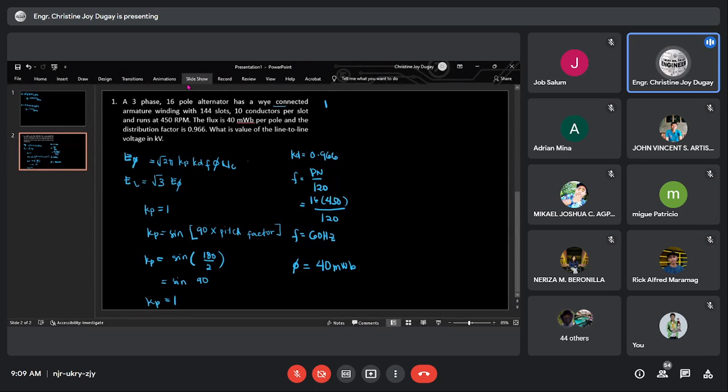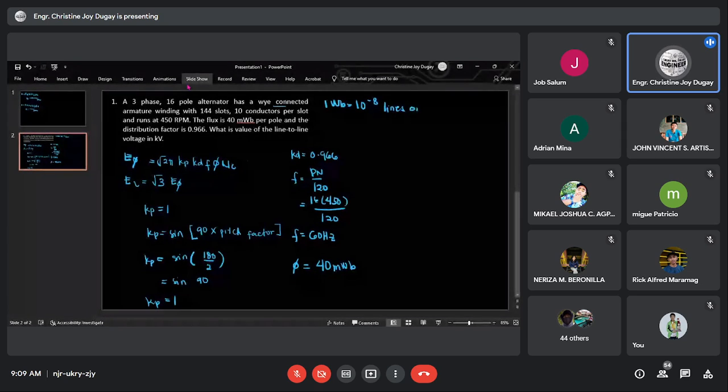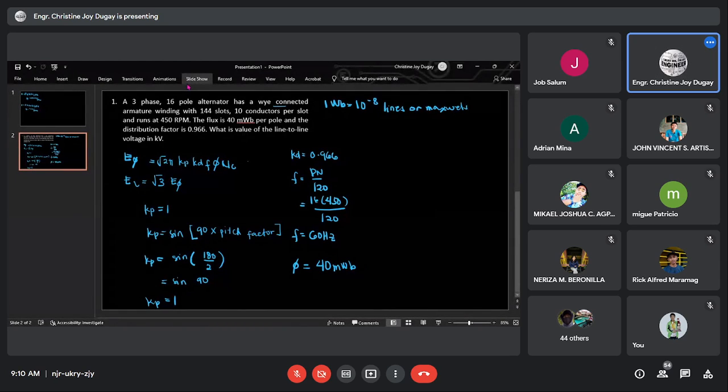So, 1 Weber is equal to 10 raised to 8 lines, or Maxwells. It should be positive so that they divide. 1 Weber times 10 raised to 8 lines or Maxwell. Yes, correct.